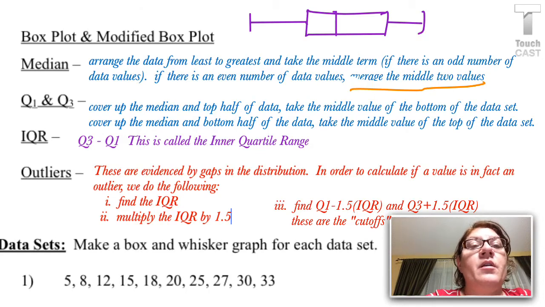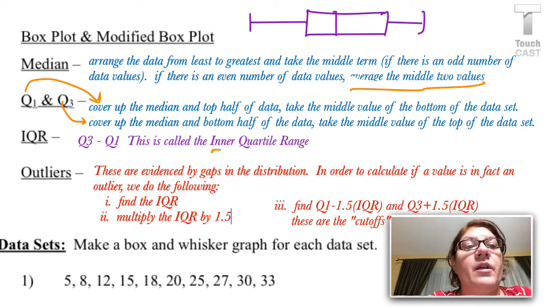The Q1, you cover up the median in the top half and take the middle of that bottom half, and that's your Q1. And for Q3, you cover up the median and the lower half, and then you find the center of the top. In order to find the IQR, which is called interquartile range, you might notice that I use the letters.